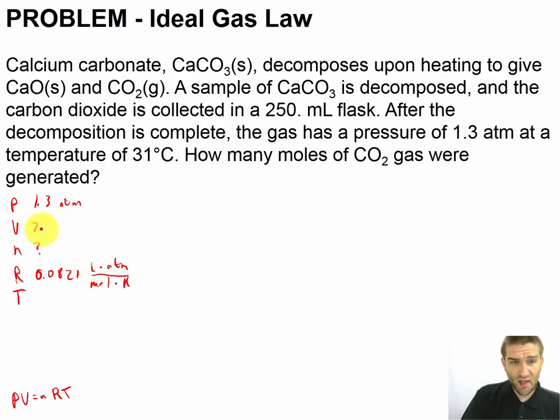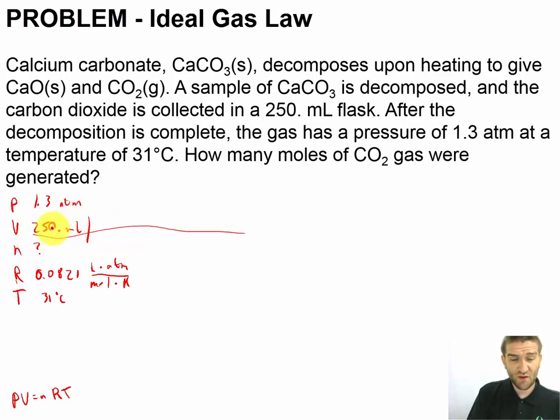Now, I'll have 250, notice the decimal point communicating I have 3 sig figs, milliliters of gas initially. And now we have our temperature, which is 31 degrees Celsius. What we'll want to do now is convert those into appropriate units for our ideal gas law. This is the easiest of them to do, I think. So let's just go ahead and set that one up.